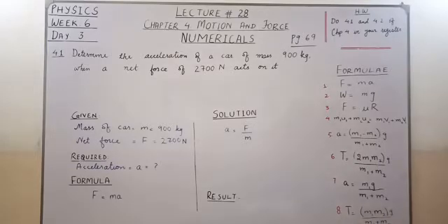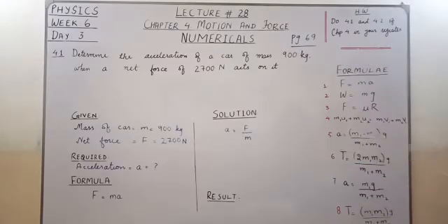Case number 2, when one body is moving horizontally and the other is hanging vertically, the formula for acceleration is a equals m1g upon (m1 plus m2), and the formula for tension is m1m2 upon (m1 plus m2) into g. So these are the formulae you must write down on the title page of the numericals of chapter number 4.